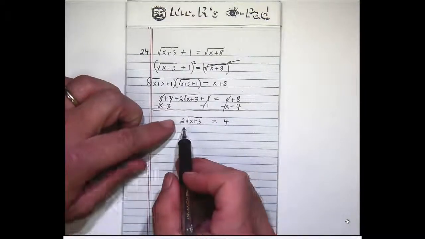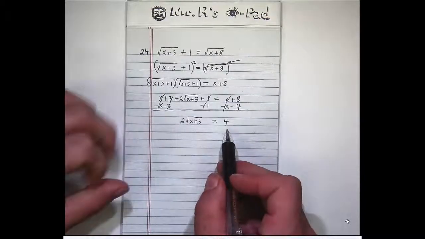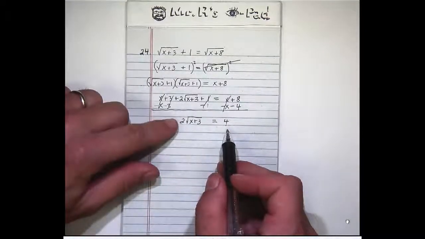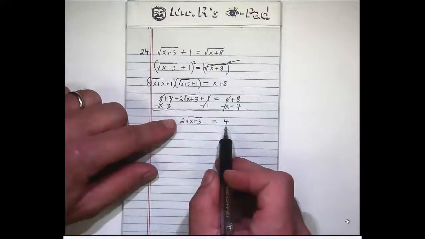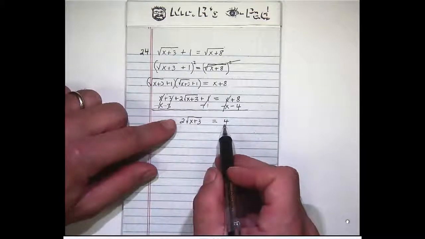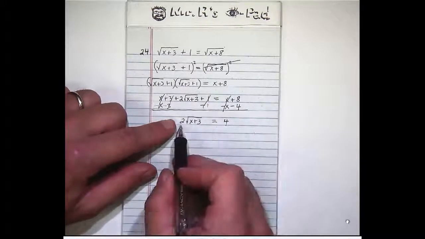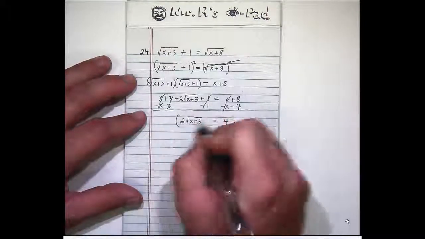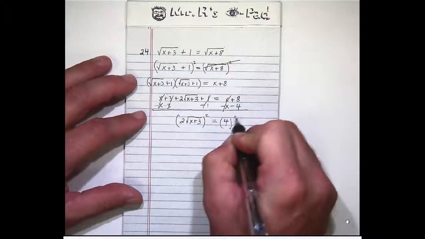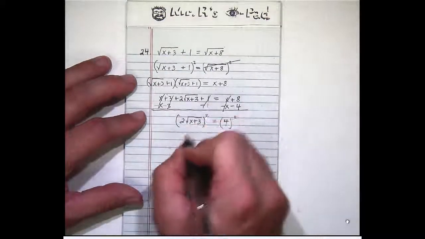I'm not going to divide by 2 here, even though I can, because I want you to see how you take care of this if this number is not a divisor of that number. So if this were like a 7 or something, you wouldn't want to divide out that 2 and create a fraction. You'd want to keep this 2 around. So here's what you would do in that case. You'd square this, you'd square this, you get 16 equals that, and you'd square each of these individually.